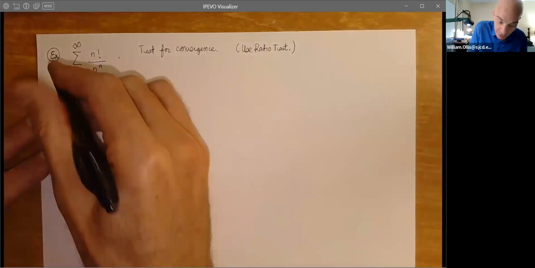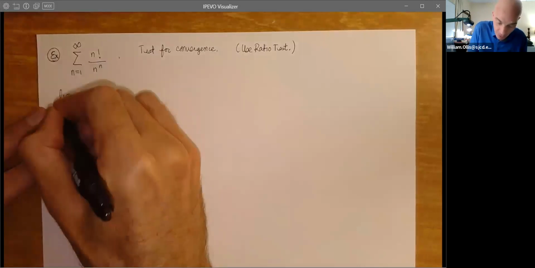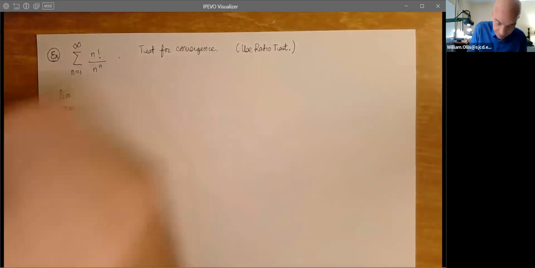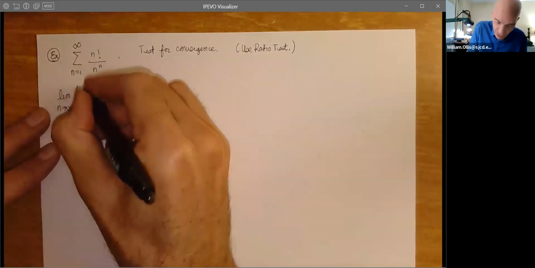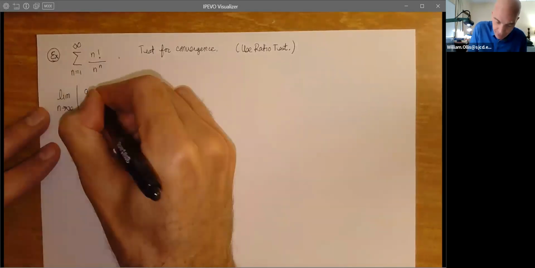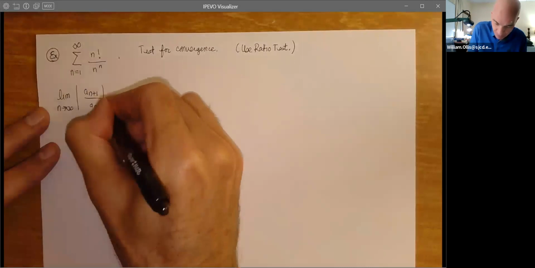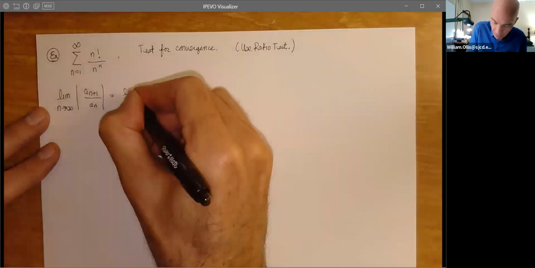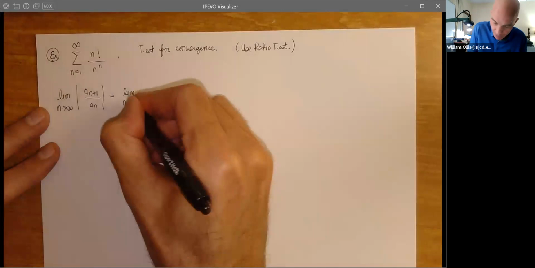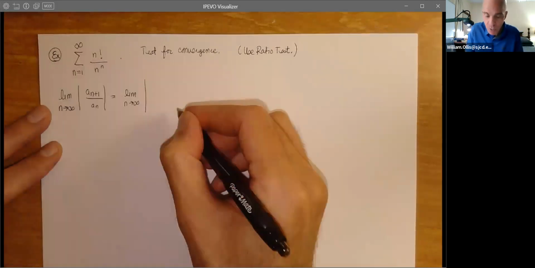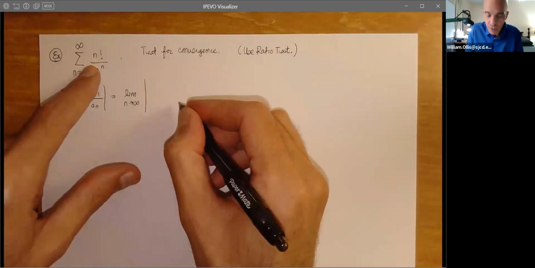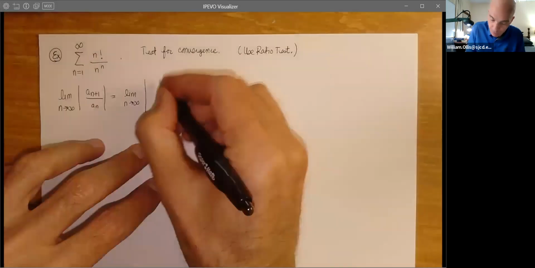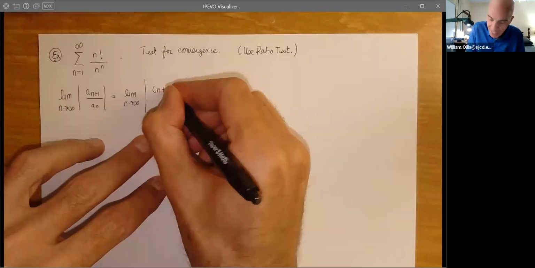So now we have the limit as n approaches infinity of a sub n plus 1 divided by a sub n. So now, of course, here's our a sub n. We just replace n with n plus 1. So we have n plus 1 factorial. That's the easy part.